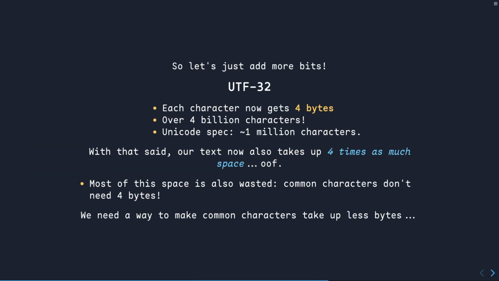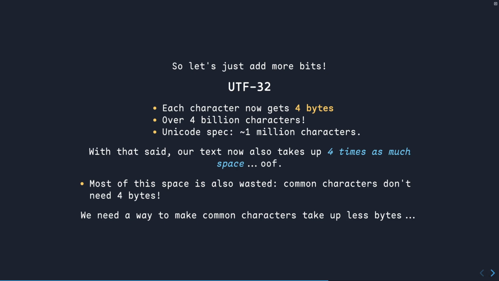So the easiest solution, of course, is to just add more bits, which is what UTF-32 does. It just gives every character 4 bytes, and now we can represent over 4 billion characters. Problem solved. Because the Unicode specs only ask for about 1 million characters, of which only 100,000 are in use right now. So we are basically good to go now.